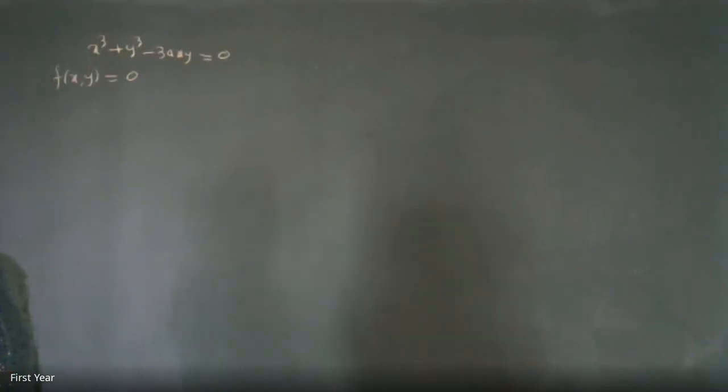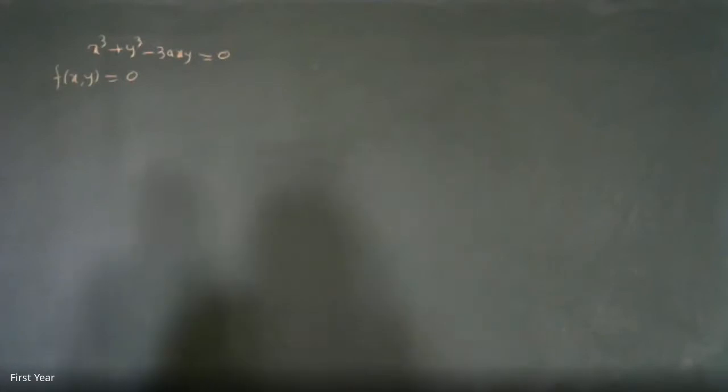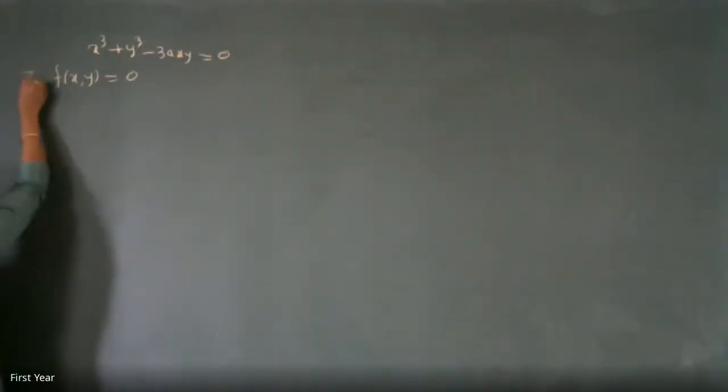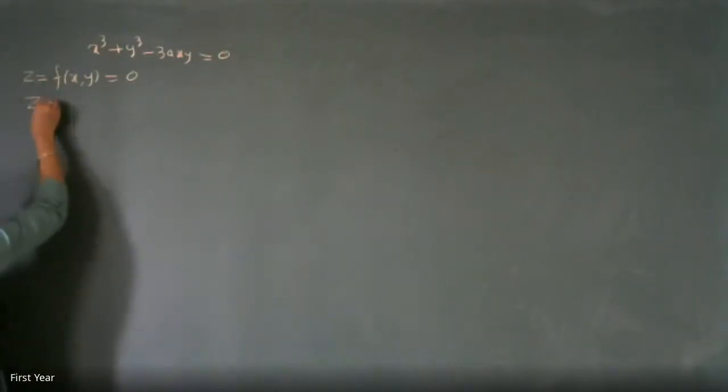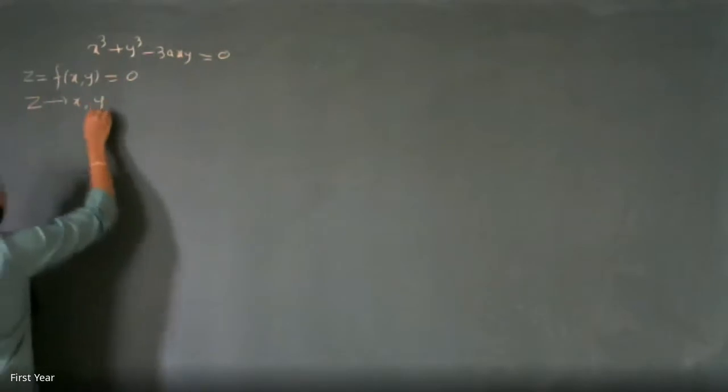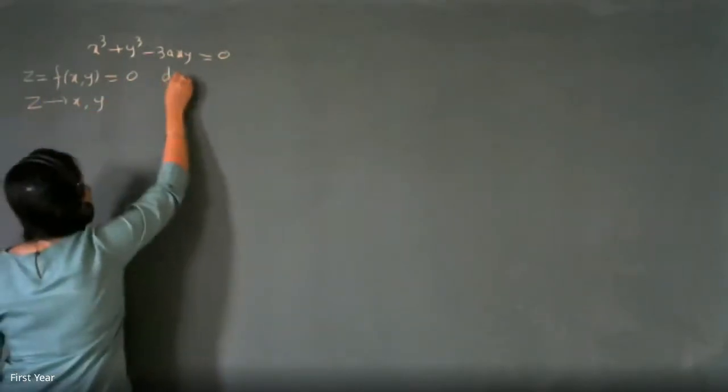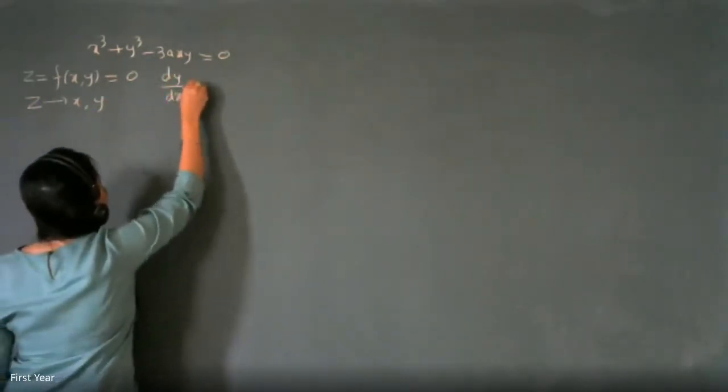So how do we get that formula? We will generalize first, and then make use of it for application, that is, examples we will solve on it. So if f of x comma y is equal to 0, I'll name it as z. So z is depending on x, y. And suppose you are asked to find dy by dx.